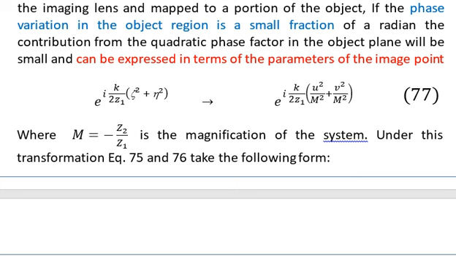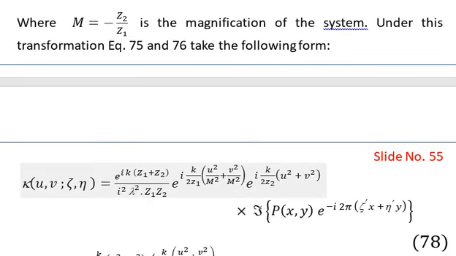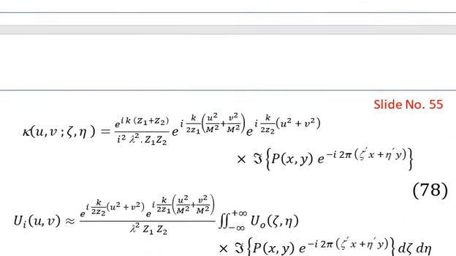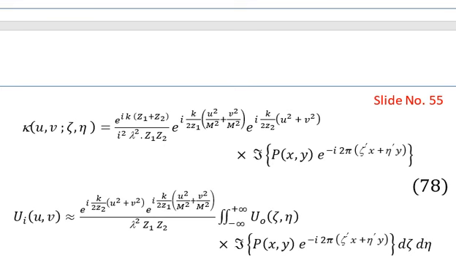Under this transformation, equation number 75 and 77, which we have described in the previous slides, can take the following form. So you see that this is kappa as a function of u and v, and you know that we have defined kappa as the impulse response of the system.